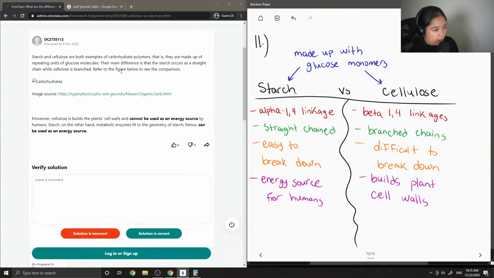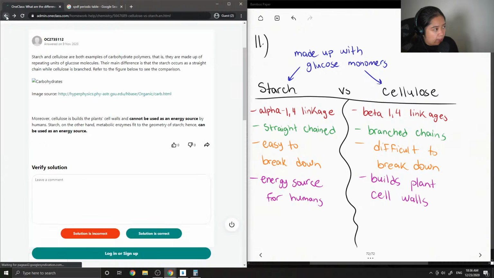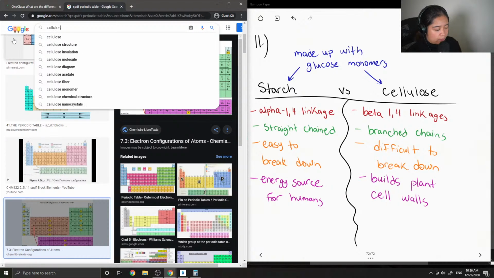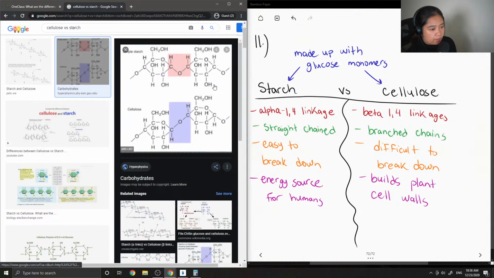Refer to the figure below to see the comparison. So apparently I can't do that, but let's look at a picture just so that it's cool to see how they're different.